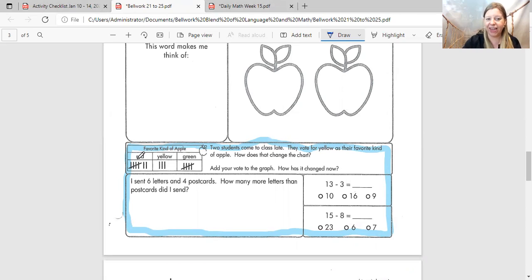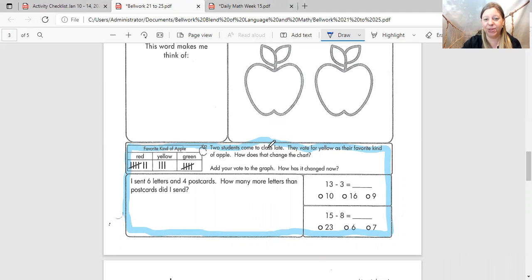The people who voted were asked, what is your favorite kind of apple from these three choices? Red, yellow, or green? Now you need to read these sentences to answer questions about this tally chart. Today I want to go through that with you so that I can help you.